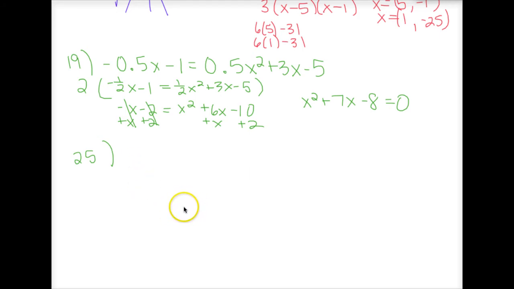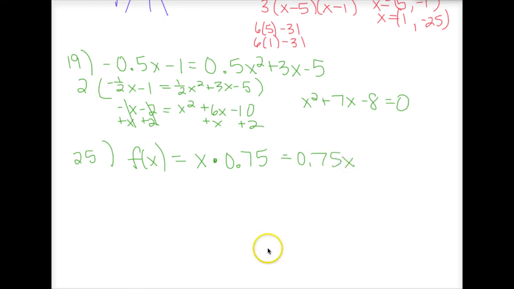It says right in the problem, for a piece of non-glare glass, the charge, so f of x, equals the length of the longest side in inches, which they told you in 25 was x, multiplied by the rate, or slope, of 75 cents per inch. So times 0.75. That's all I did to come up with the answer to 25. But 25 isn't from the table. 26 is from the table.